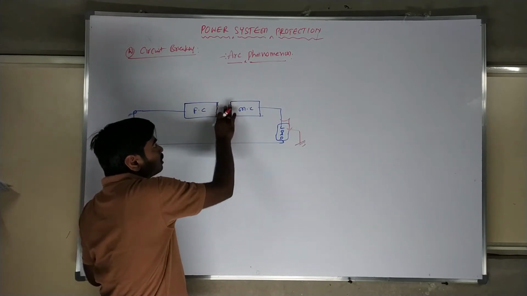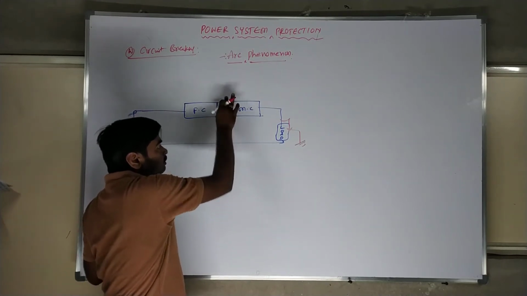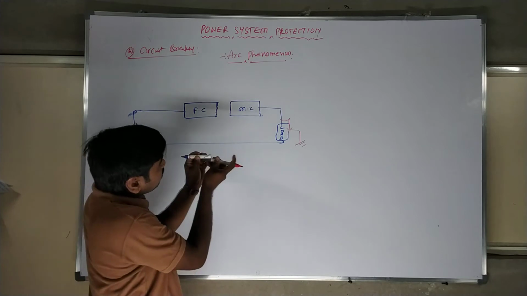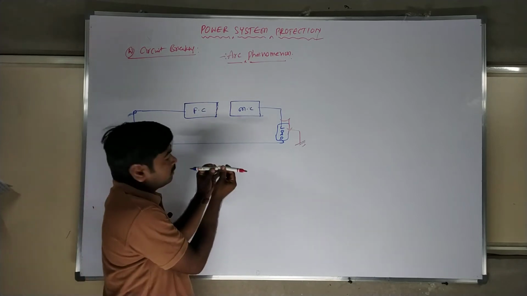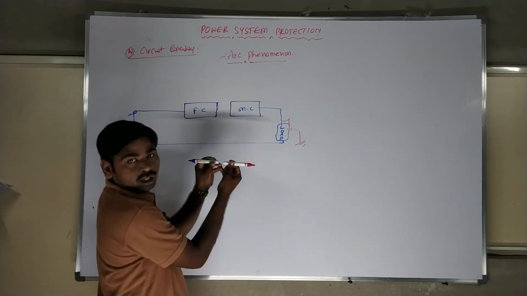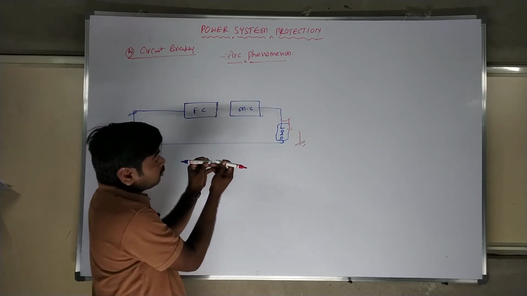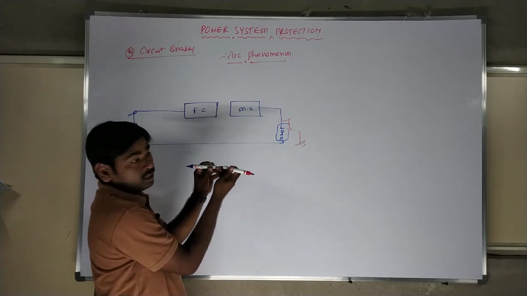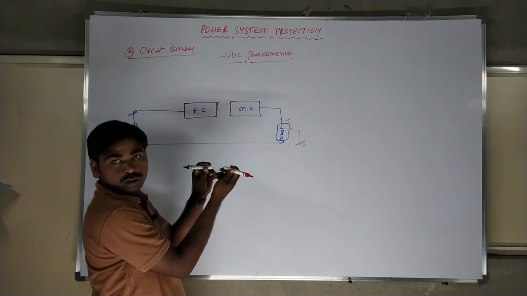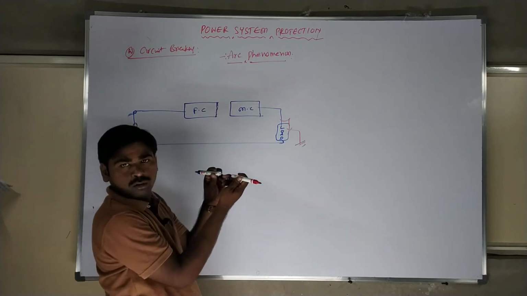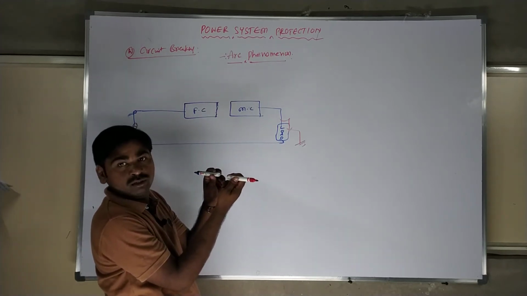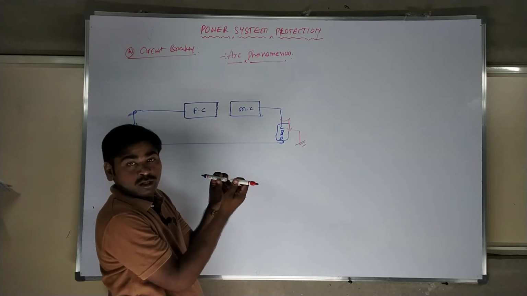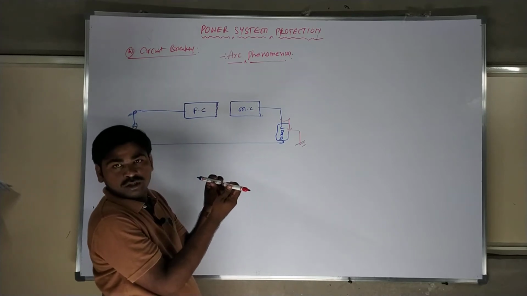Let me explain how the arc forms. The fixed contact and moving contact are separated. The moment they separate, with high voltage and high current, a potential difference is created in between. In between we have air molecules, gases, or oil.